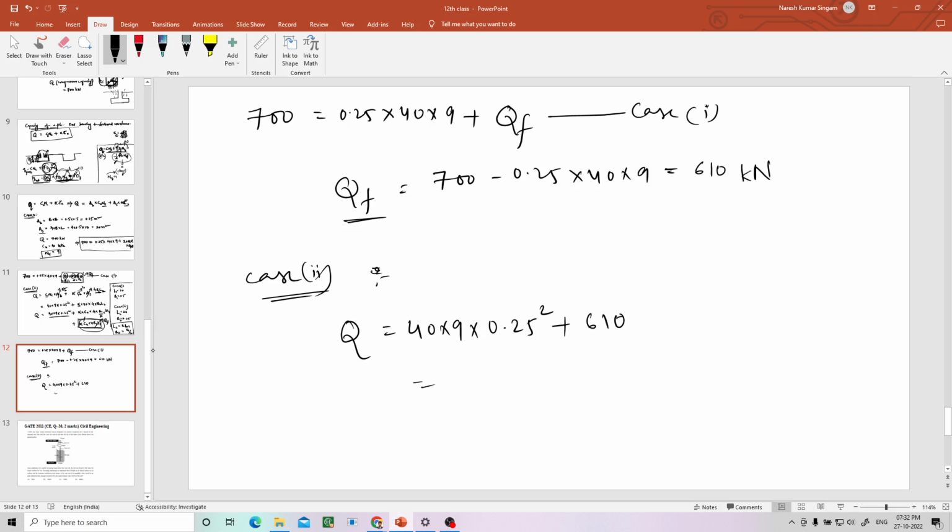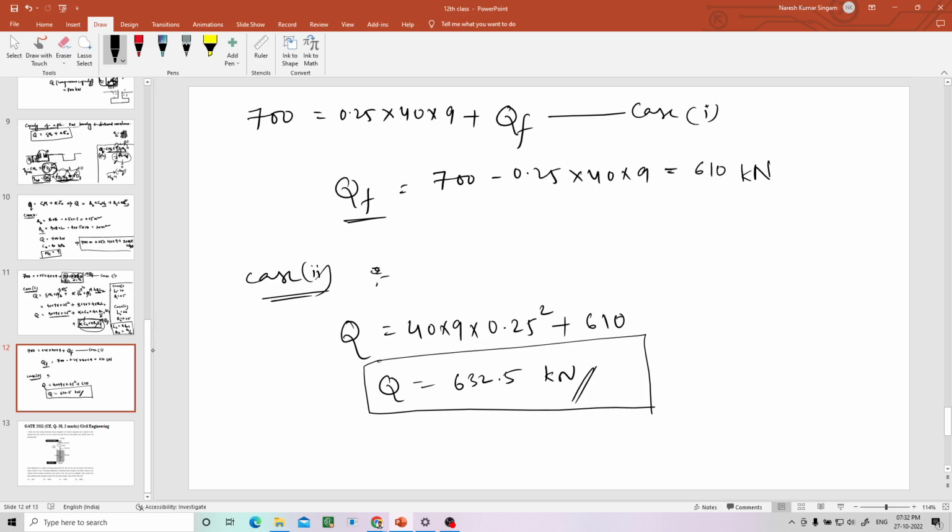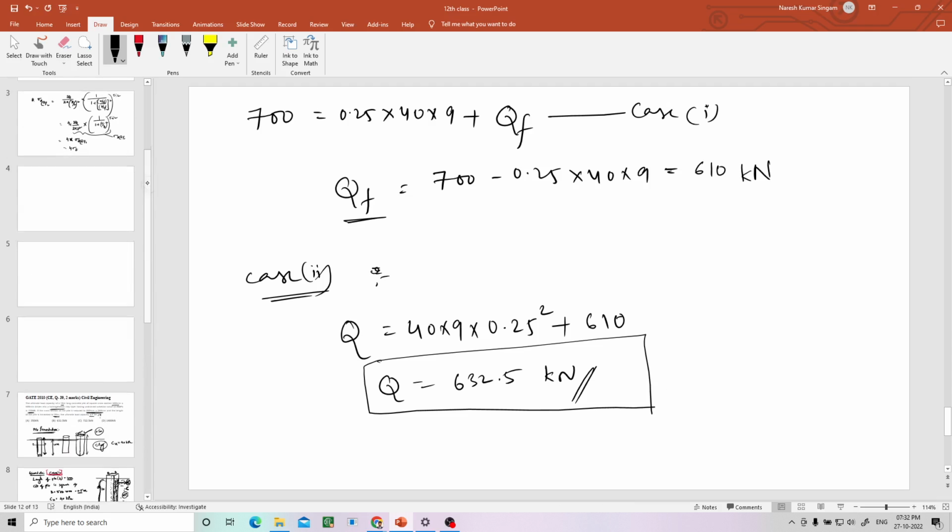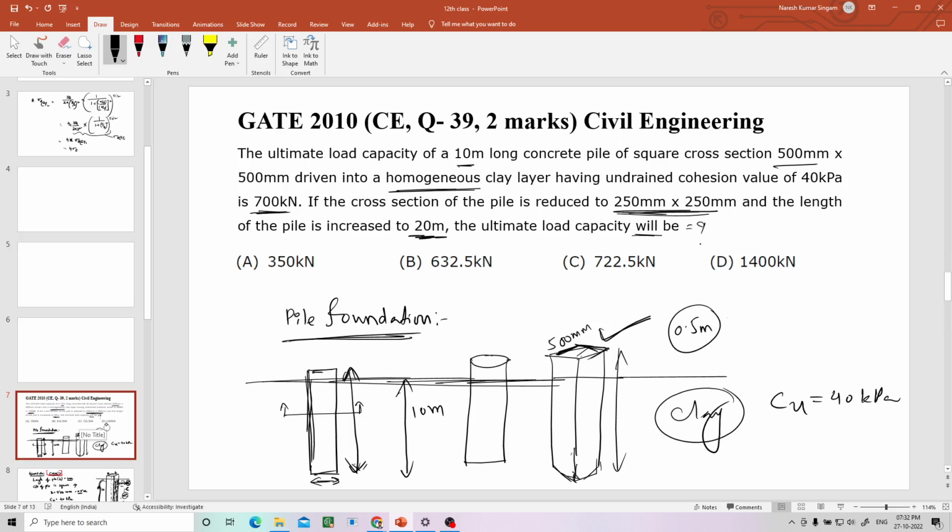So how much is this? 40 into 9 into 0.25 square plus 610. Can you tell me? This is 632.5 kilonewton. So this is how you can find the ultimate capacity for this case. 632.5, B is the answer.